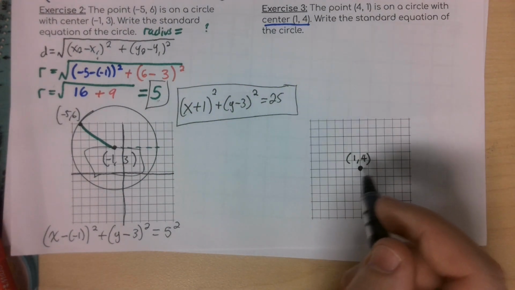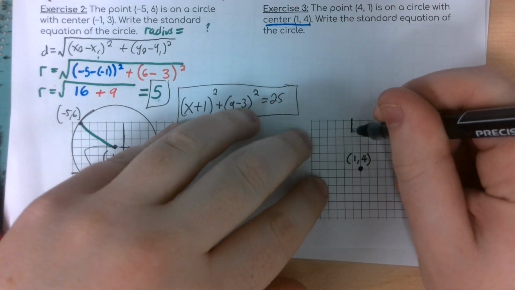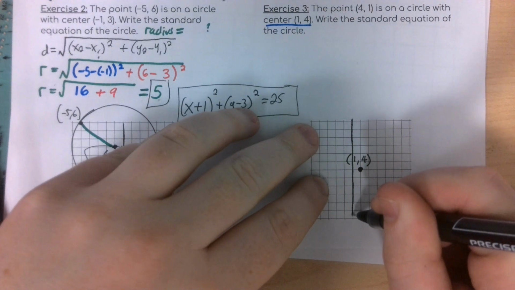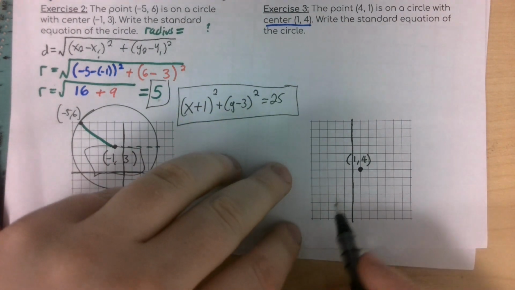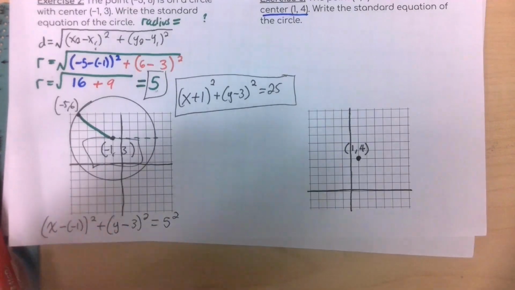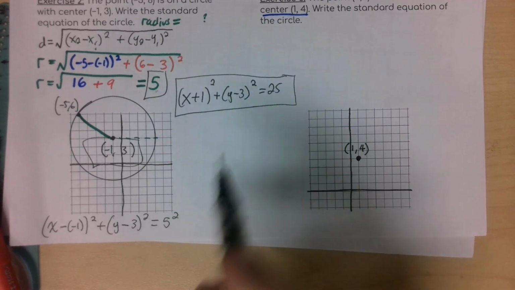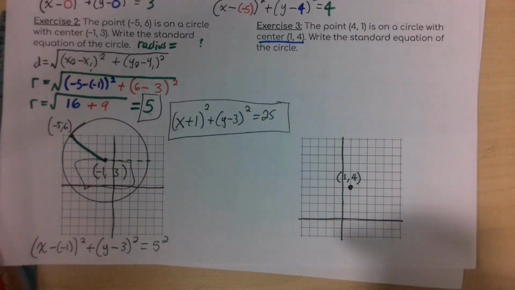1 means that it's 1 to the right of 0, so this is our y-axis. 4, for the y value, means it's 4 above the x-axis, so the x-axis will be down here. What we've just done is we made our circle the center of the graph, and it'll make it a lot cleaner when we graph the rest.